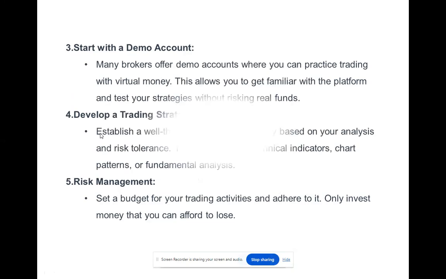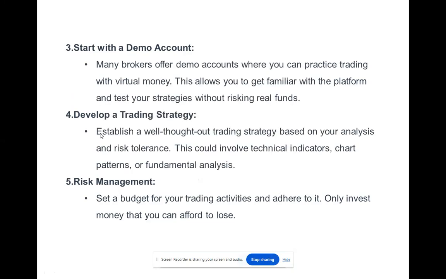Number three, start with a demo account. If you want to make money in binary option, you must follow these steps. Many brokers offer demo accounts where you can practice trading with virtual money.